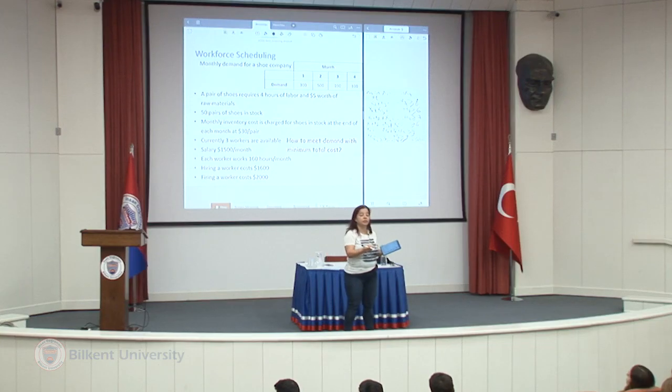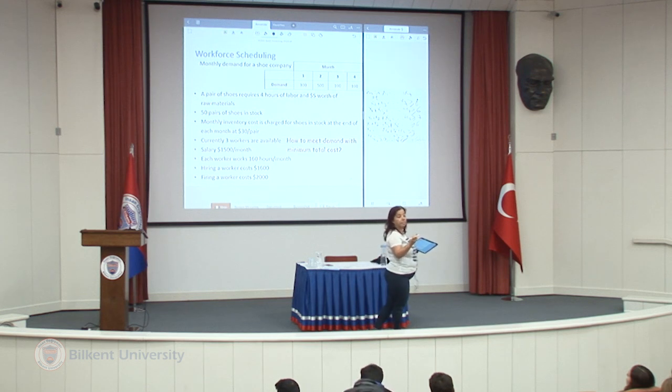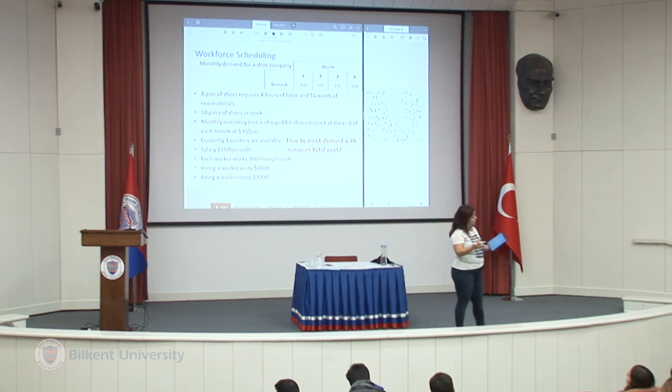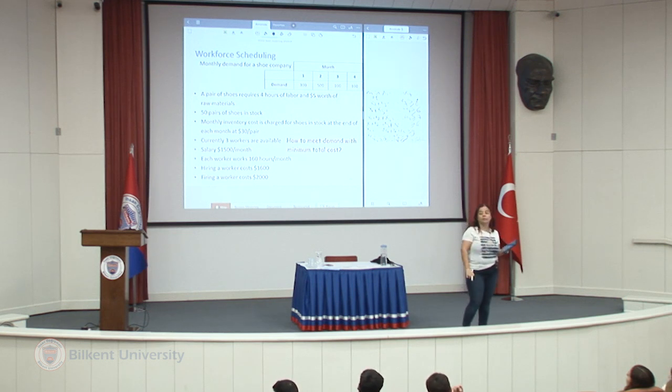I'm paying my workers, I'm paying for my inventory, I can hire or fire workers because I need them to produce my shoes, right? For example, each pair of shoes requires 4 hours of worker time, labor time, right? We need to come up with the best workforce scheduling. So we need to formulate a model that will give us this.